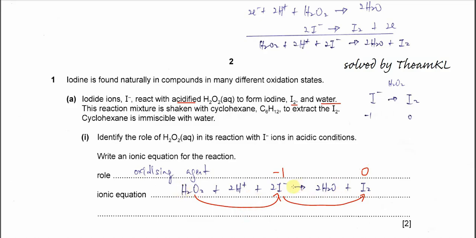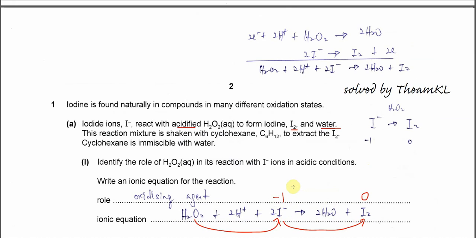If you're not really sure how to do it, you can split this equation into two half equations. Iodide forms iodine, releasing 2 electrons. After that, the H2O2 forms H2O. Then you add H plus to balance the hydrogen, and add electrons to balance the charge. Sum up left to left, right to right, cancel the electrons, and you get this one.